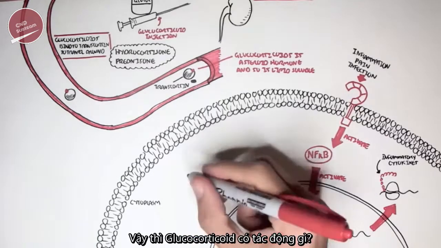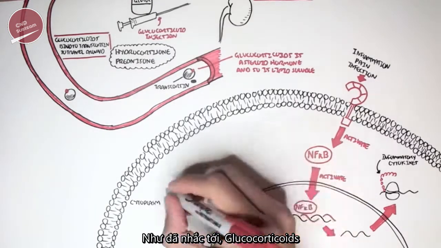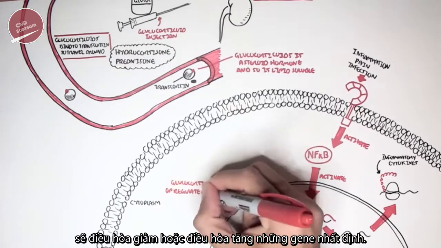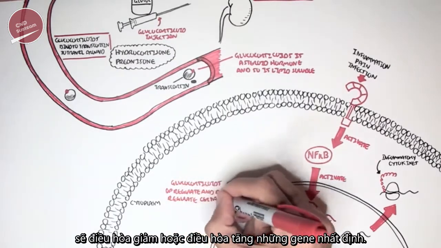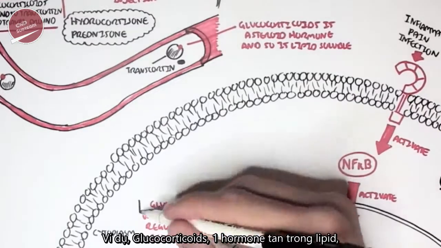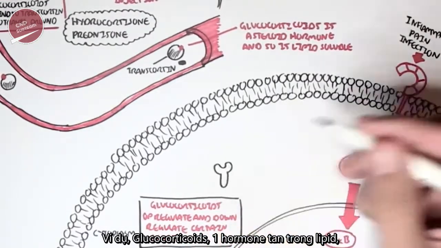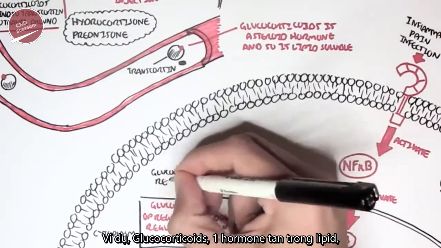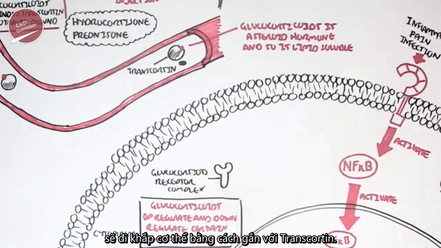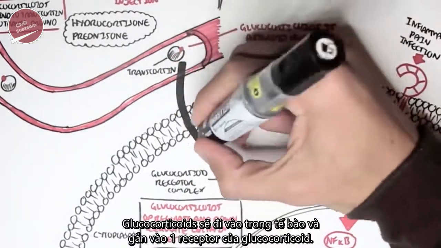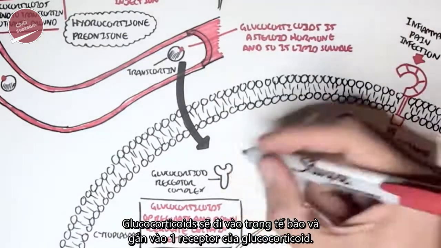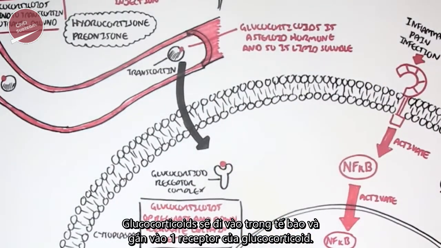So what do glucocorticoids do? As mentioned, glucocorticoids will upregulate or downregulate certain genes. An example of this is that glucocorticoids, which are lipid-soluble hormones, will travel around the body with transcortin. The glucocorticoids will enter the cell and bind onto a glucocorticoid receptor.